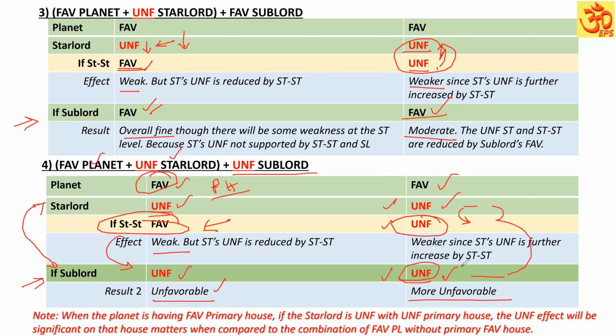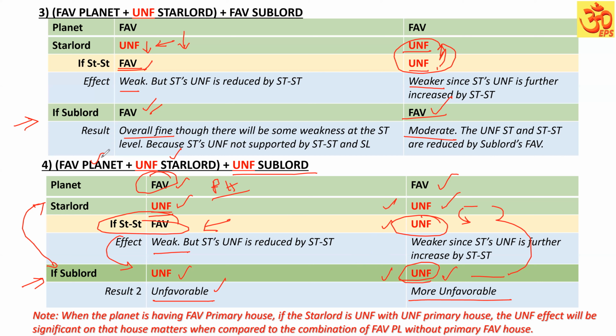And also, the grouping of the houses is going to give an important impact. And also, as I said, steps number 5 and 6, wherein the support planet's impact is going to add some value to this. But for this combination study, we can understand when consequent levels are unfavorable, or alternate levels are unfavorable or favorable, what sort of impact we can assume, and we can easily get it.